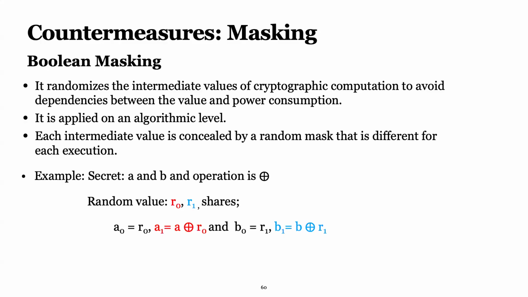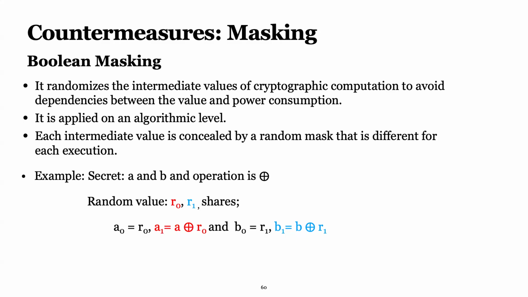We are calculating 2 shares for A and B. A will have 2 shares, A0 and A1, and B will also have 2 shares, B0 and B1. So I'm using R0 for A, which is A0 is R0. A1 is A XOR R0, and B0 is R1, and B1 is B XOR R1.